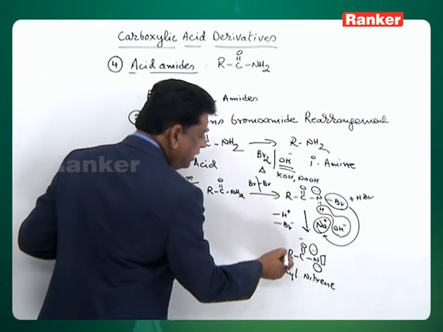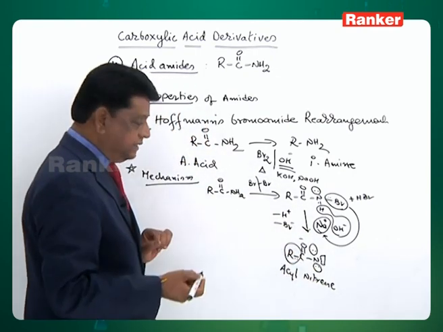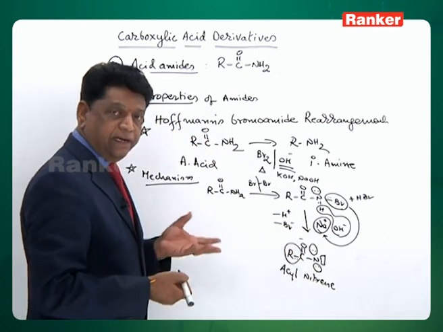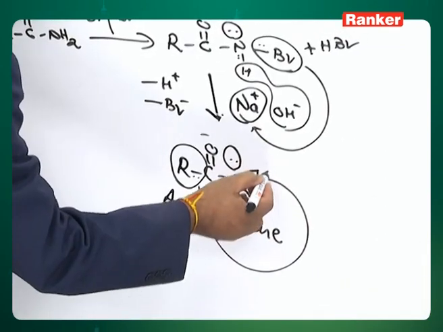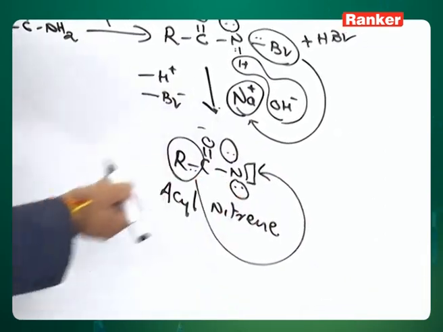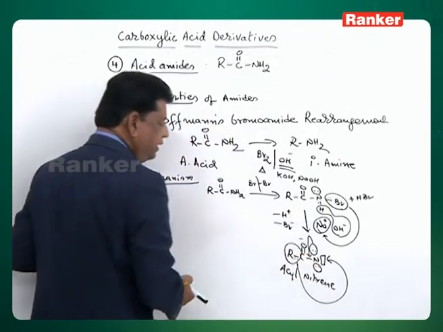The R takes the 2 electrons, just like in other reactions in several places, like in the Arndt-Eistert synthesis we have seen: R minus is migrating with 2 electrons into the vacant orbital. One of the lone pairs makes a bond formation.